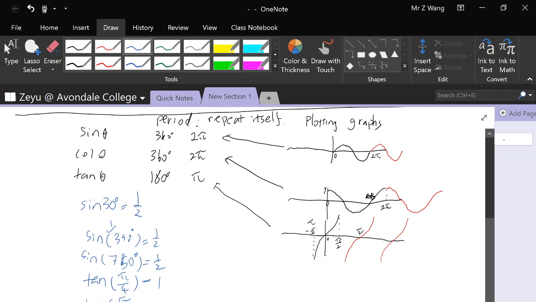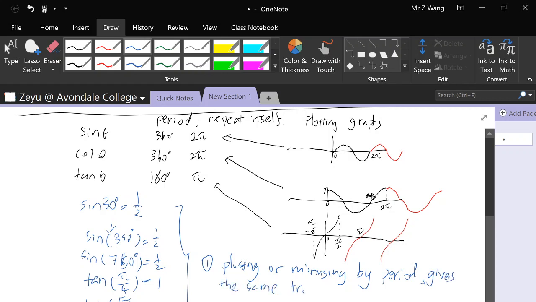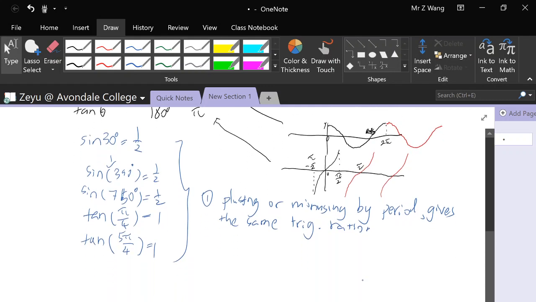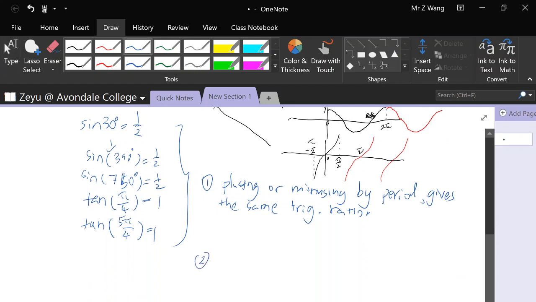So this is the first effect: adding or subtracting a period gives the same result, the same trig ratio. And then there is another effect, what we call principal solution.